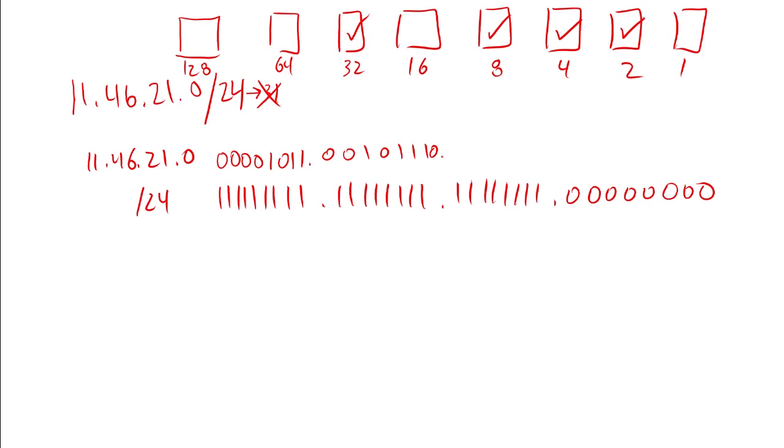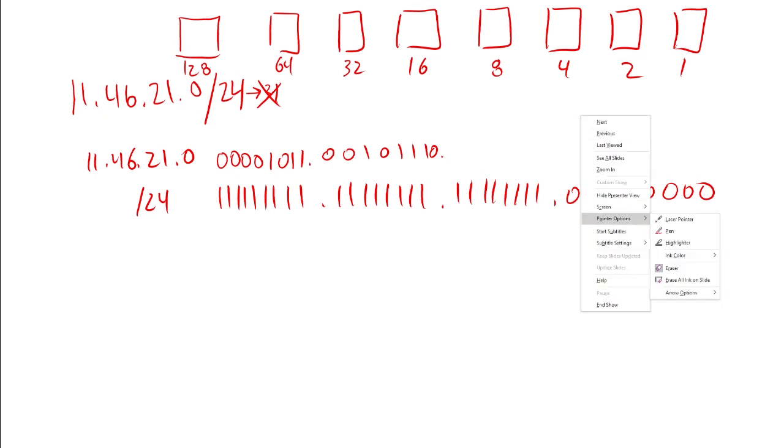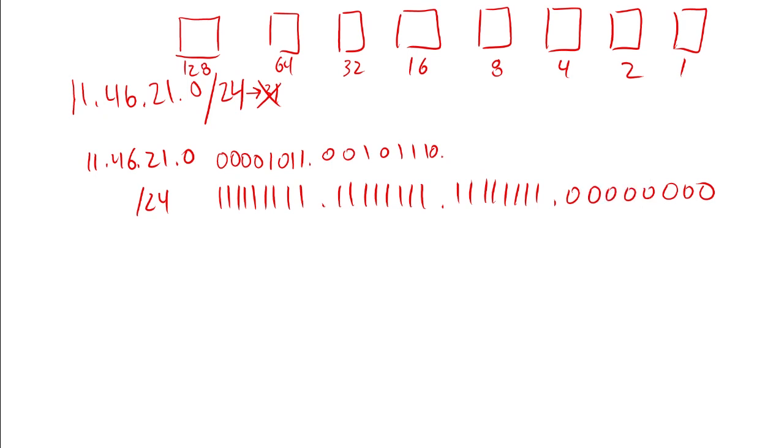Then 21: we go 16, 4, 1, so 00010101 dot, and then the rest are zeros.